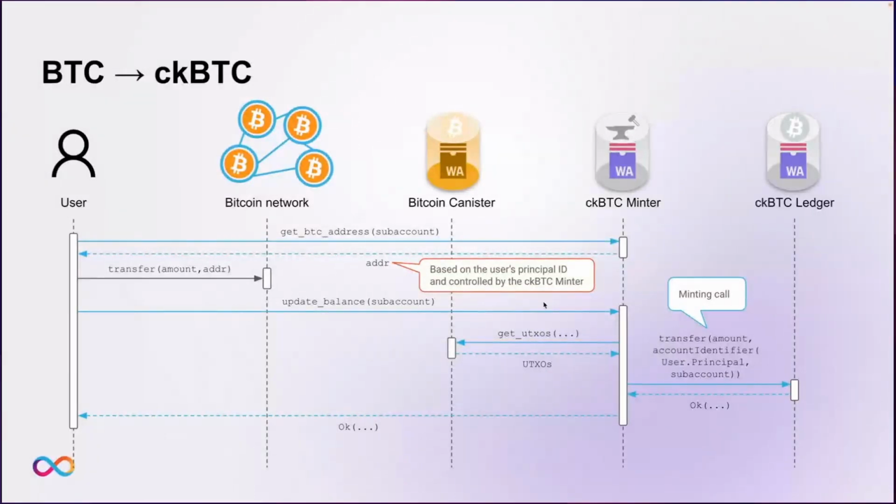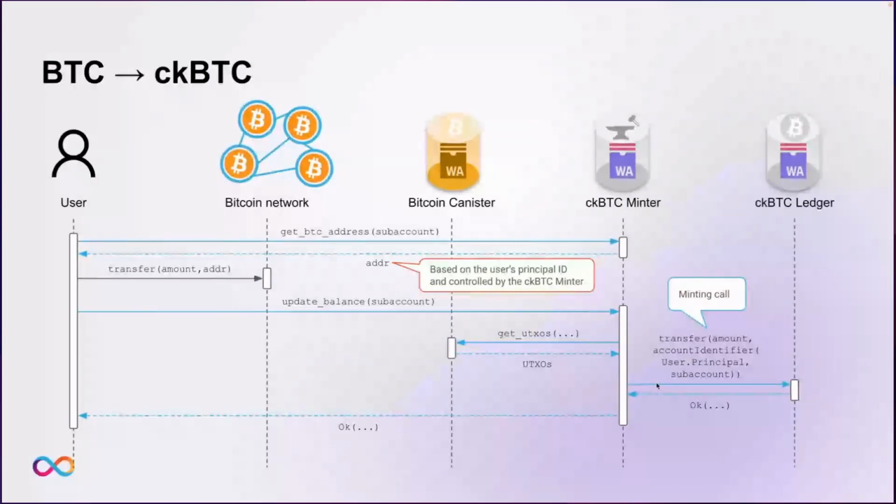The ckBTC minter then filters the UTXOs by the ones it has never seen, and transfers that amount of ckBTC into the account of the user. That happens here. This way you converted BTC into ckBTC.